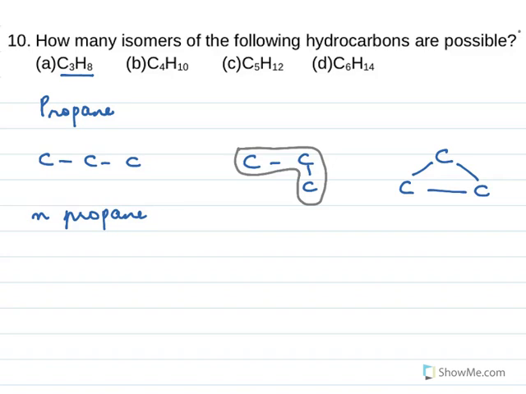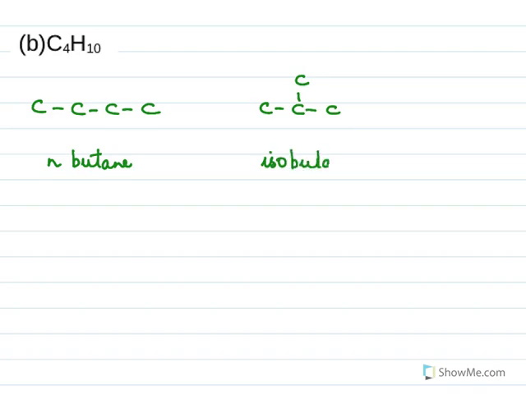So this is n-propane. Next, we go to butane, 4 carbons. So you have 1, 2, 3, 4. That is n-butane. We have done butane. Then we could have 1, 2, 3 with an attachment here. So this would be now isobutane.